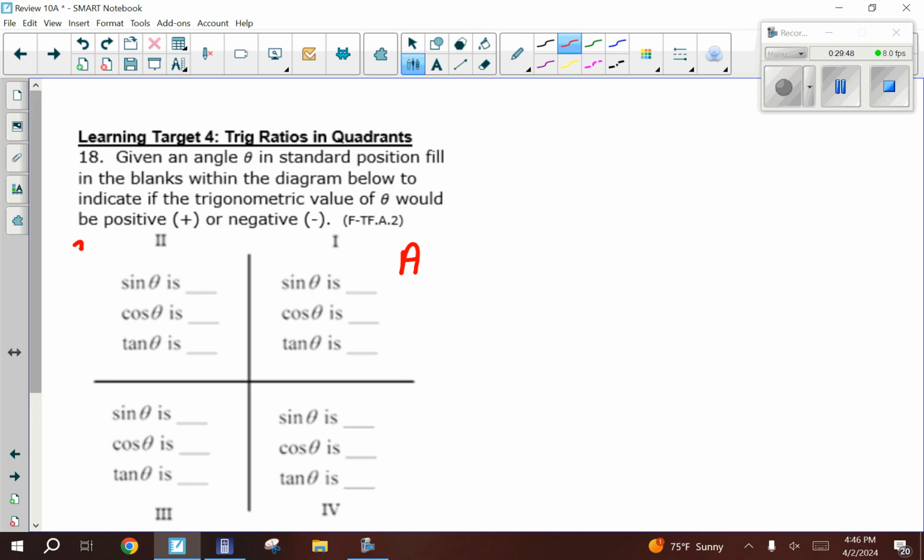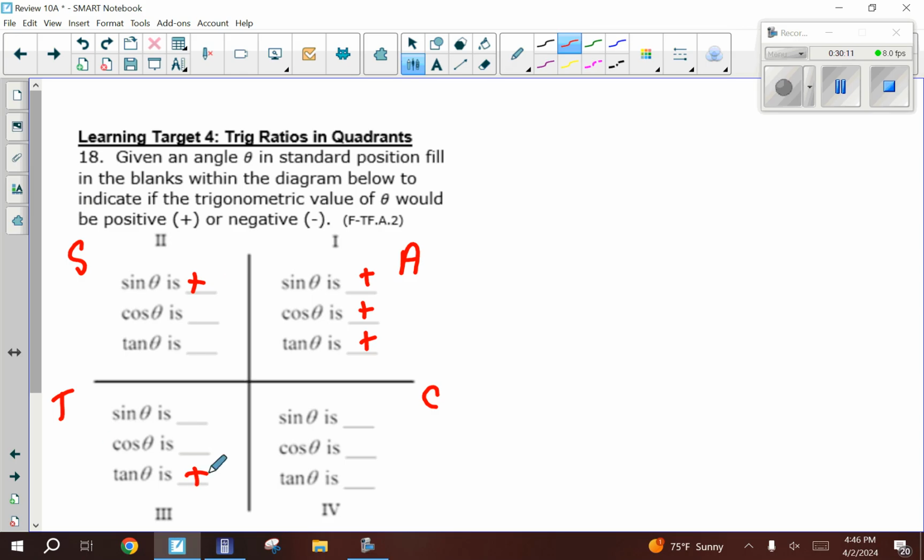all students take calculus. And so this one is going to tell us which signs are positive. So in this one, every sign is a positive. In the second quadrant, only the sine is positive. In the third quadrant, the tangent is positive.